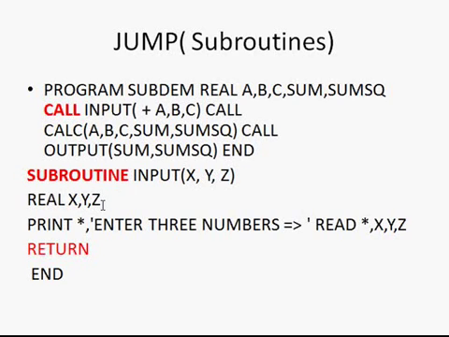Here we define real xyz, print enter 3 numbers, read xyz, return and end. When the return statement is encountered, it goes to this calc statement, and again calc is a call, and then it goes to the output. So basically when a call is encountered, it calls the subroutine and the subroutine is executed.